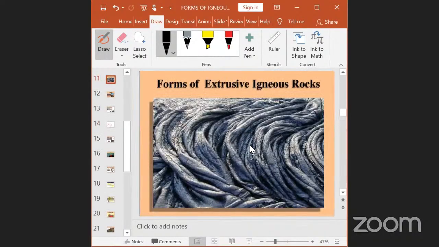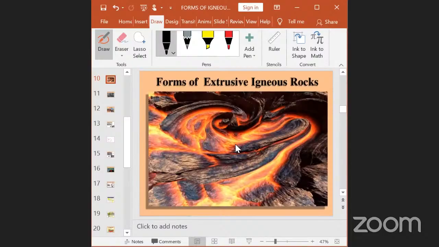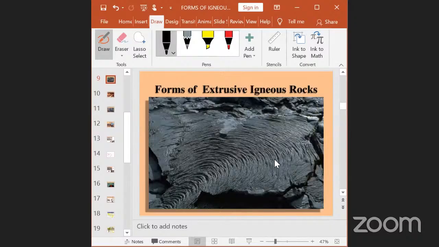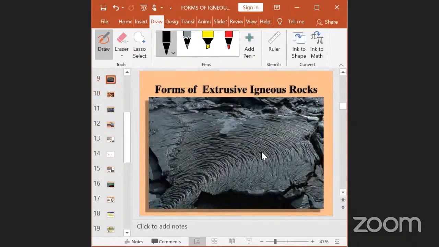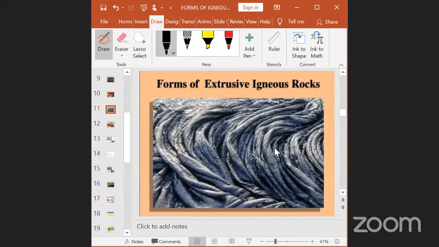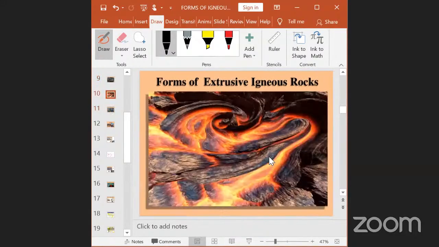Some extrusive igneous rock images you see here, how extrusive igneous rocks form. This is cooling of lava, right? This is coming from the volcanoes, heated lava. This is cooling lava. This is also cooling of lava.